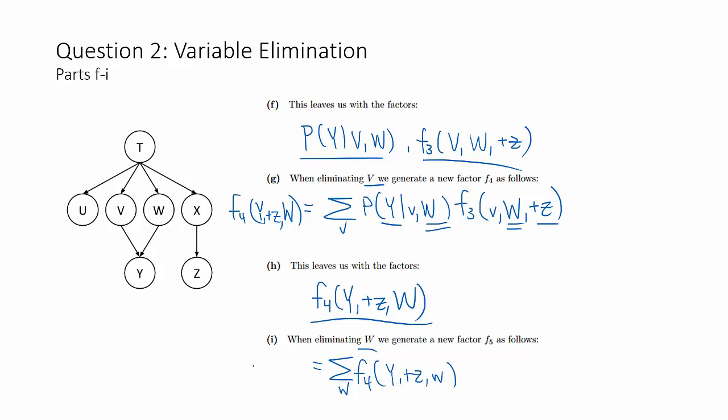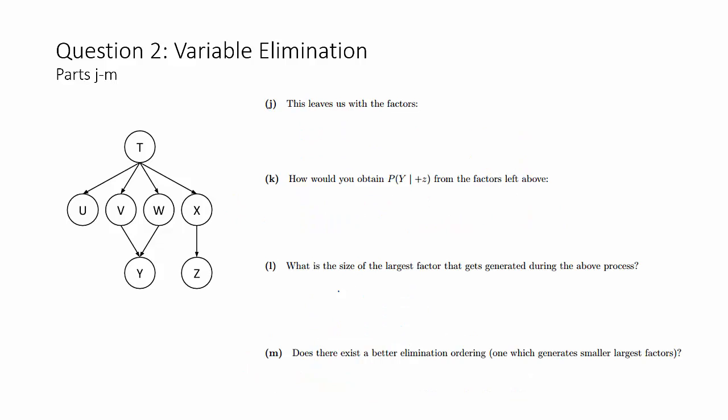This creates a new factor, f5, that involves everything but w, which is y and plus z, both of which will go in the front of the conditioning bar since they only appear in the front of the conditioning bar. And so we remove f4 from our list of factors and add back in f5. We're left with the factor f5 of y, plus z.